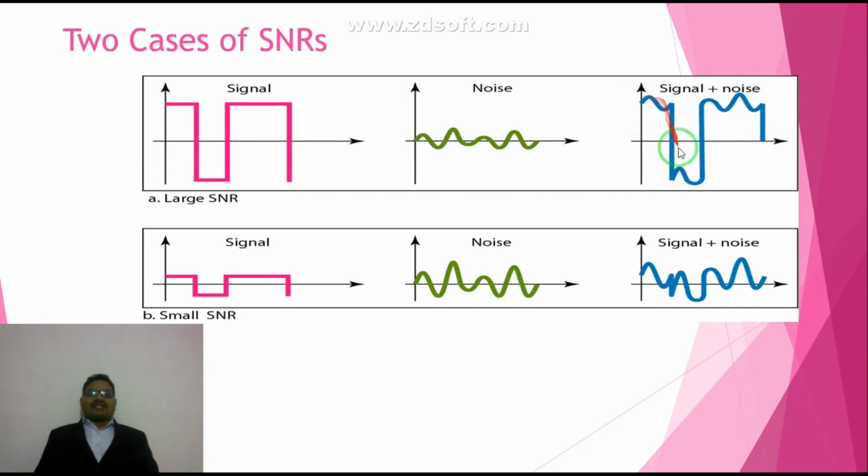Just the top has been disturbed or distorted. But if the value of SNR is very, very small, it means the signal power is less than the noise power, then noise can completely dominate your signal, and this would be your received signal. So that's why SNR should always be high.